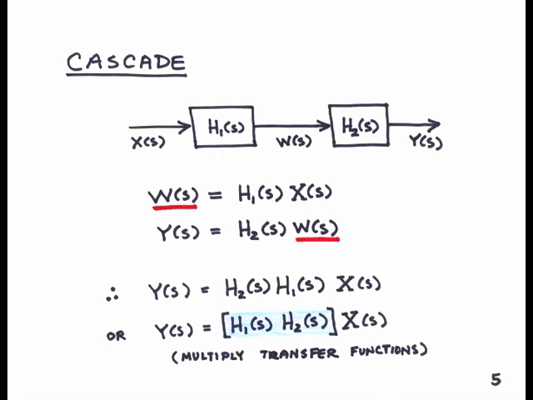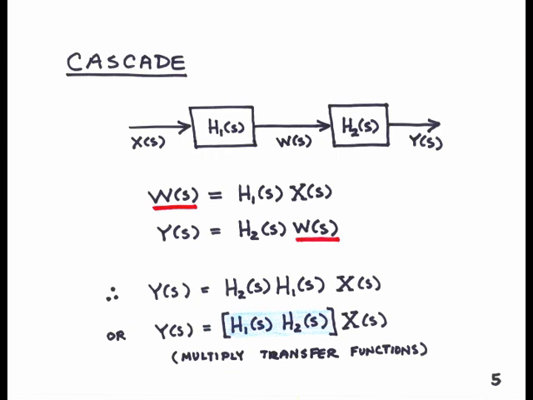For the h1 block, we have output w of s is equal to h1 of s times the input x of s. And for the h2 block, we have output y of s is equal to h2 of s times w of s.